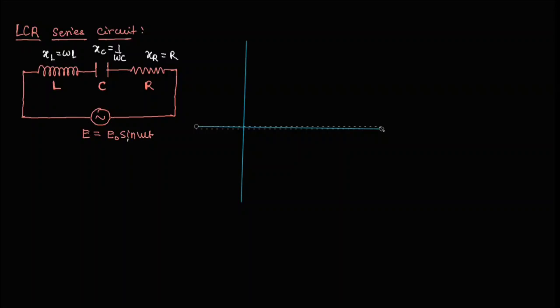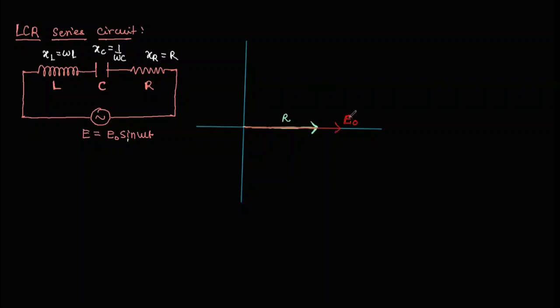The reactance which is offered by the resistance is in phase with EMF, so I write over here R. This line over here is representing the EMF, that is E naught.